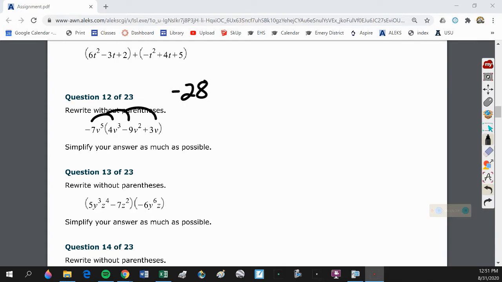Add them. When do you multiply exponents? When you have an exponent raised to an exponent. So in this case, it's going to be v to the 8th, and then that one will give me 63v to the 7th. And then the last one will give me negative 21v to the 6th.